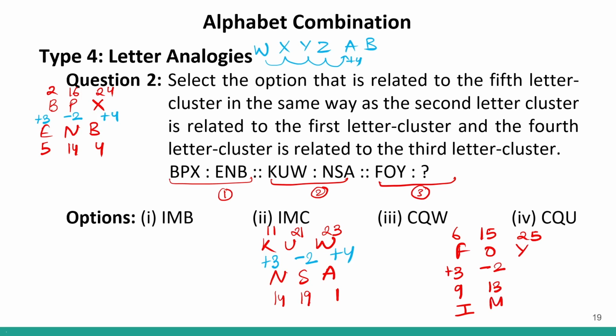At 13th position, we have M. And if I move plus 4 from Y, 1, 2, 3, 4, we will get C. So we get third position, which is C. So this will be the missing analogy, IMC. This is given in option number 2. So option number 2 will be the correct answer to this question. Right?